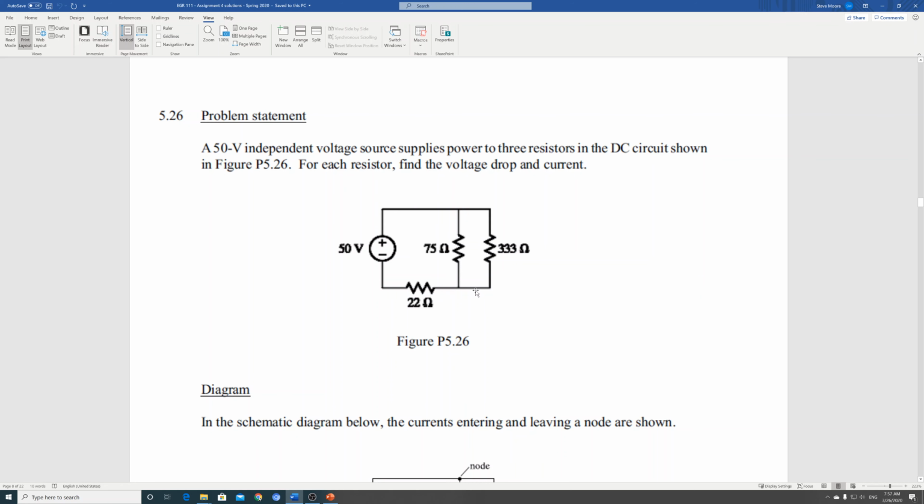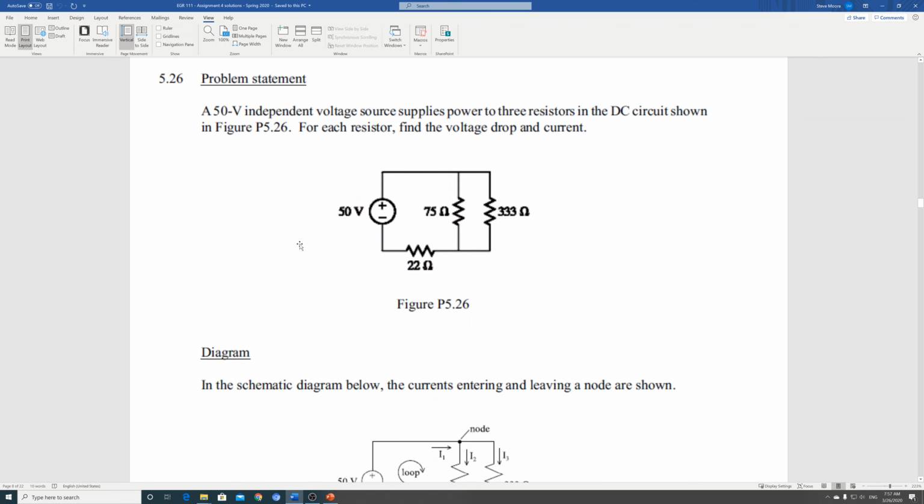The third node, or junction, connects this 22 ohm resistor to the negative side of the 50 volt source. So this circuit has two loops and three nodes. We're going to use both those concepts, KVL and KCL, to solve this circuit.